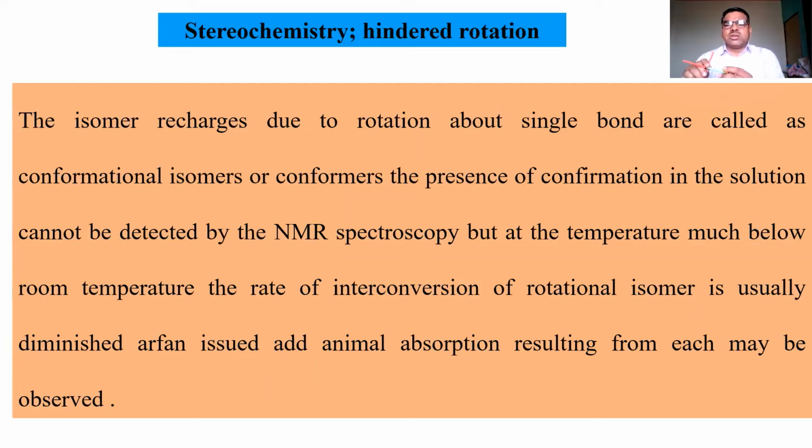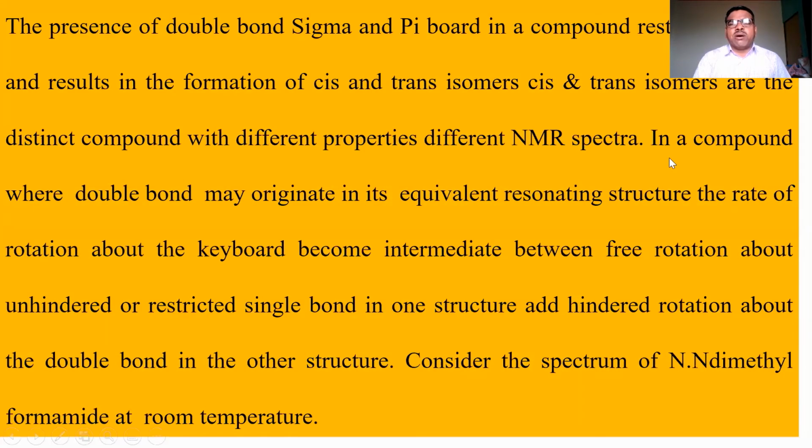But below normal temperature, this rotation will not be allowed. So temperature is again important. When we have low temperature, this kind of free rotation is not allowed, and in that case NMR can be observed.